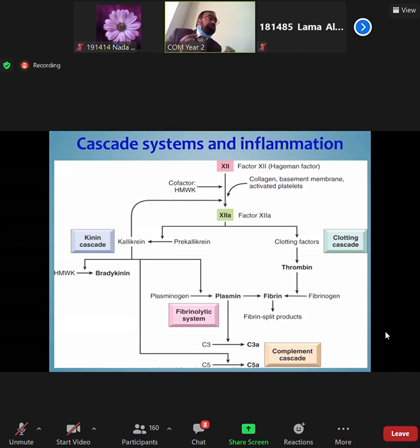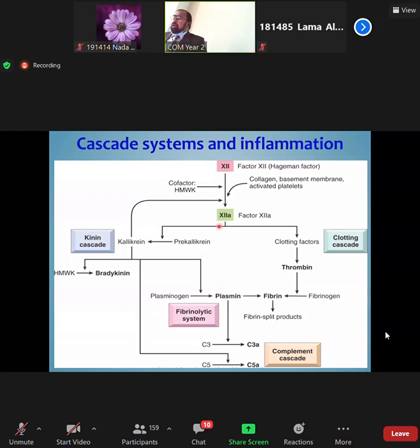This exposed basement membrane activates this Hageman factor. So when it is activated, it becomes factor 12A.